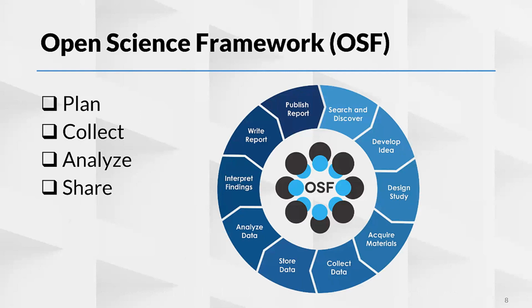So the Open Science Framework, this is from their website, and they just show you kind of a general or a broad workflow on completing research, right? So you'd start at the lightest blue little arrow there at the top, search and discover. And then work your way through.